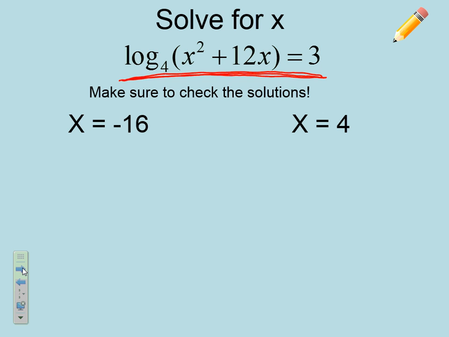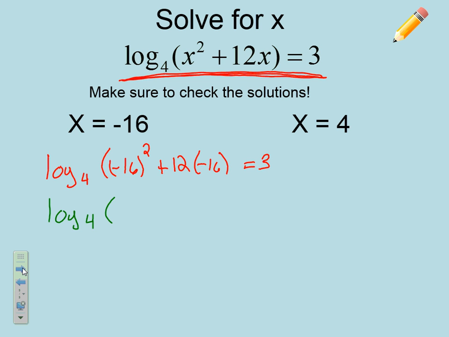So for negative 16, I plug that in, and I'm going to get log base 4 of negative 16 squared plus 12 times negative 16 equals 3. From there, I'm going to get log base 4. If I plug this in, I get 256 minus 192 equals 3.